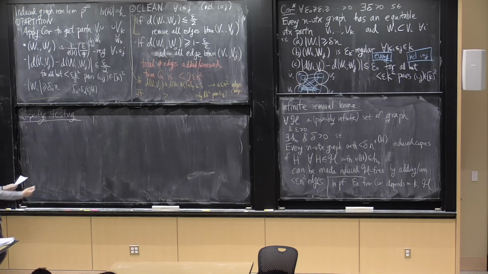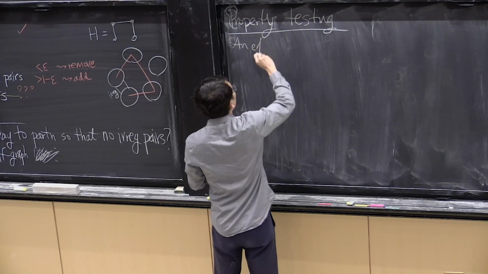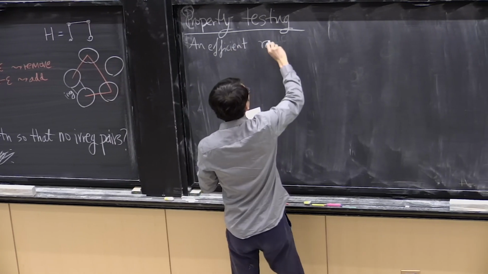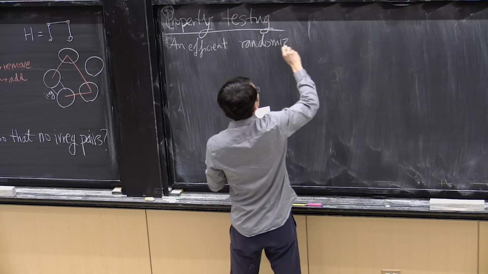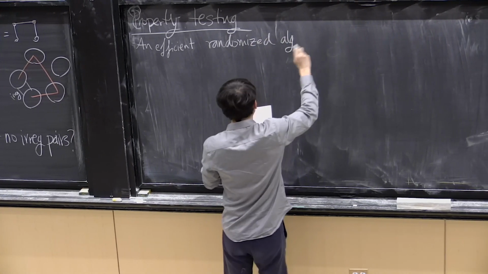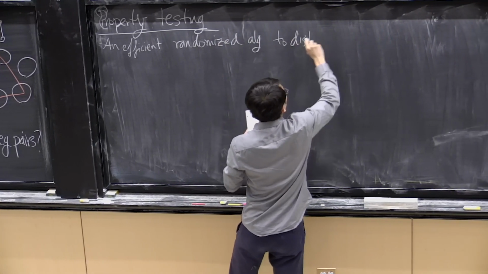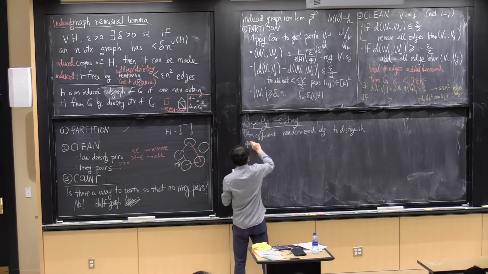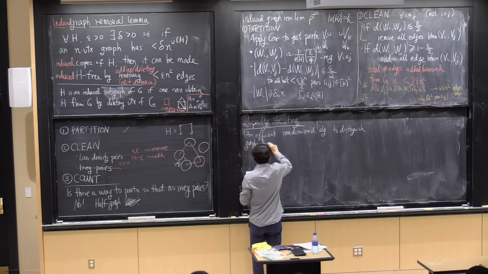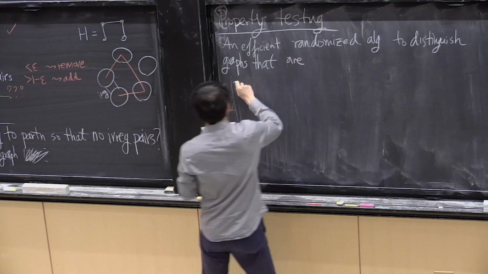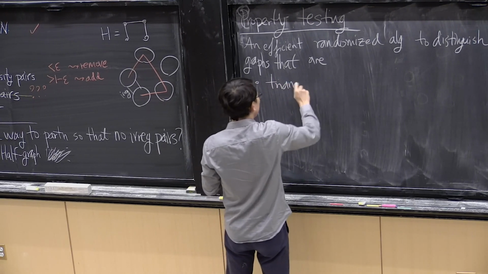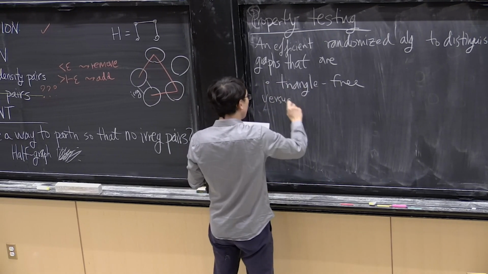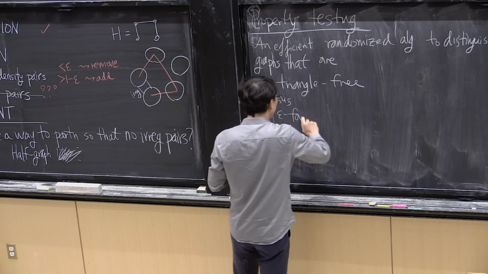Basically, we would like an efficient, meaning fast, randomized algorithm to distinguish graphs that are triangle free from those that are epsilon far from triangle free.